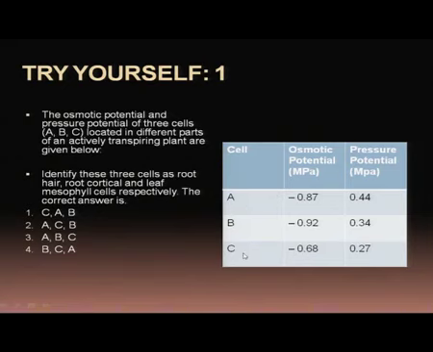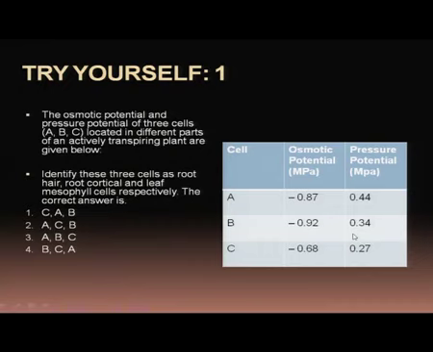So, these are the three cells and their osmotic potentials and pressure potentials are given here, and you have to identify which of them is the root hair, which is root cortical cell, and which is the mesophyll cell. So, as we had discussed in the last class also, in order to solve questions like these, what we should do? We should calculate the water potential of each cell.